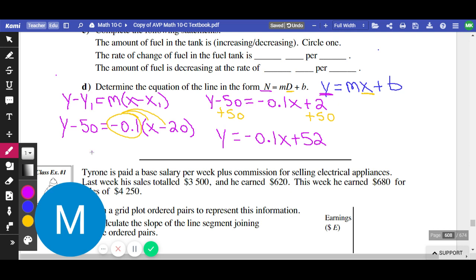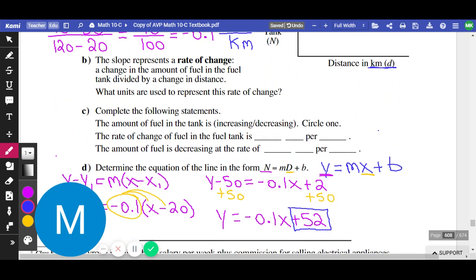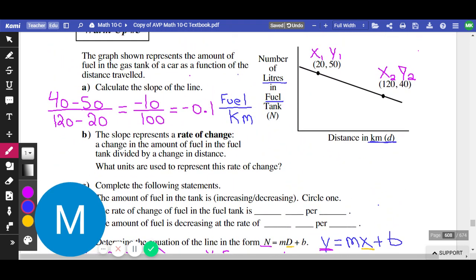Because this is a word problem, that equation actually represents things. My slope represents how fast I'm losing fuel, right? We already talked about that. That's 0.1 liters of fuel per minute that I'm losing. What does my b value represent? We know it's our y-intercept, right? Well, what does it represent in the context of this question?